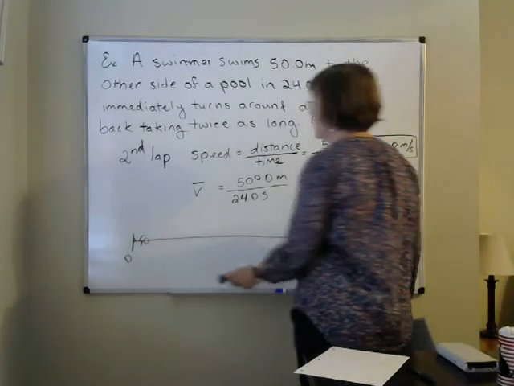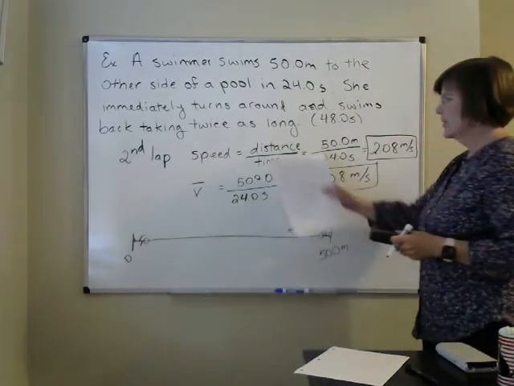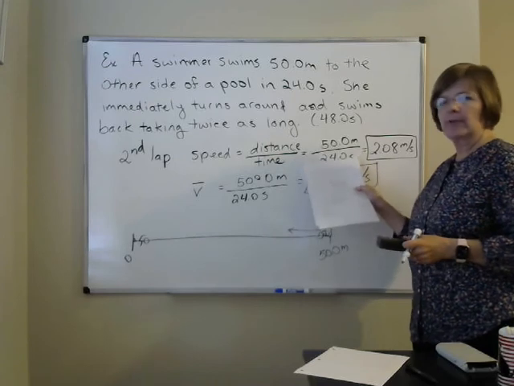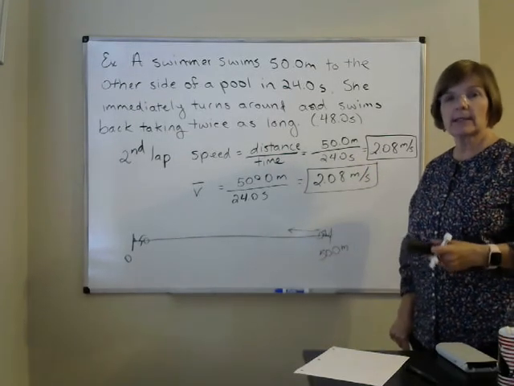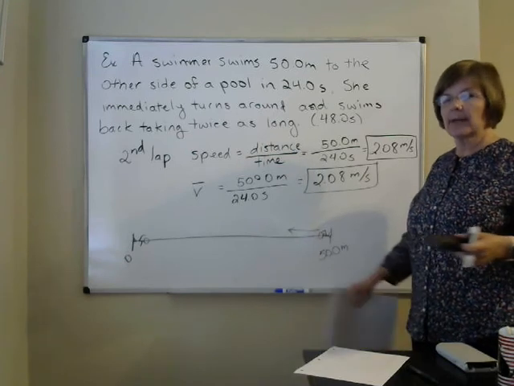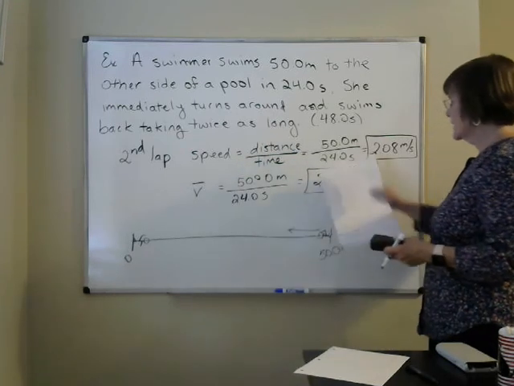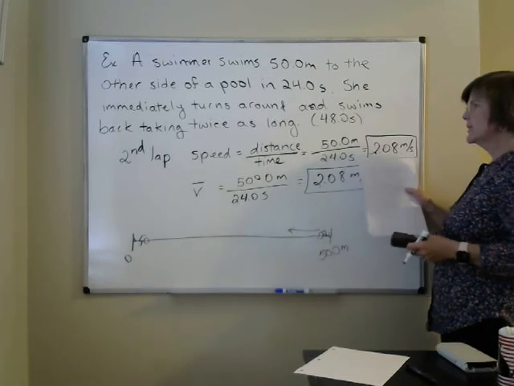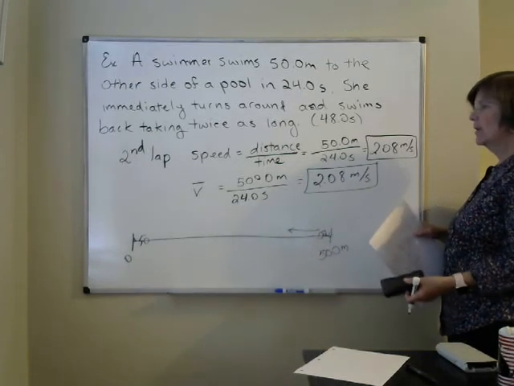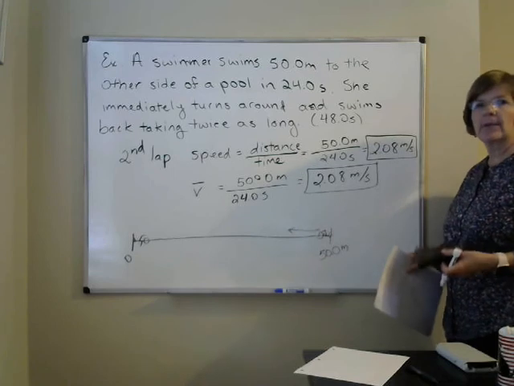However, when we do her speed for the second lap, her distance is still 50 meters. Distance is not a vector. It's always positive. Distance is simply how far she went. She went a distance of 50 meters. It took 24 seconds. So her speed for the second lap, also 2.08 meters per second.